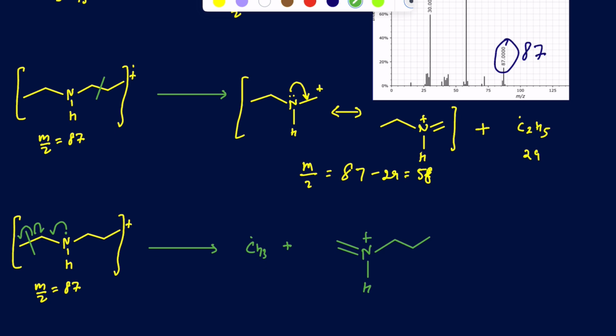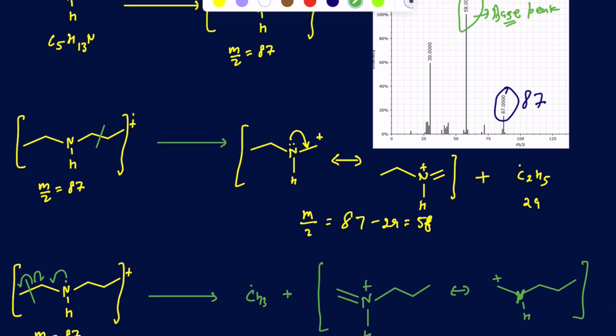I can also draw the resonance structure, with the nitrogen, hydrogen, and a positive charge here, but the first one would be the more stable resonance. So the m/z for that one would be 87 minus 15, which is 72. Now, do I have anything at 72? If you come down here, you do have something at 72.